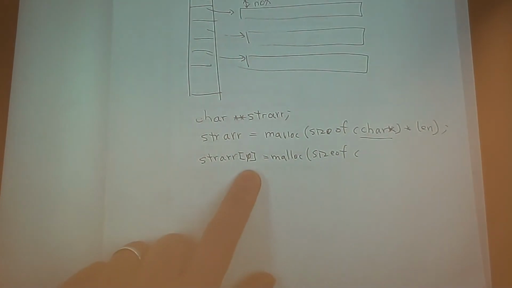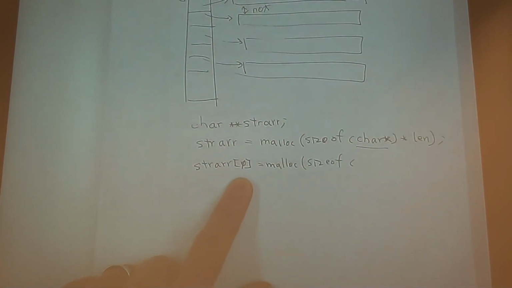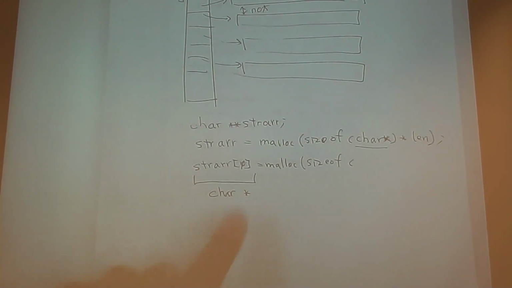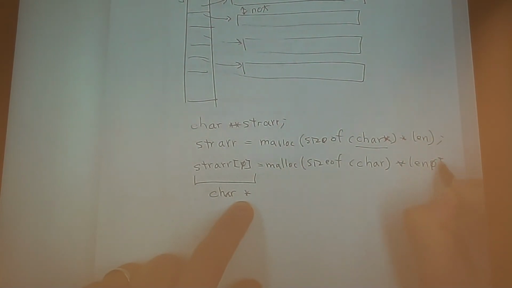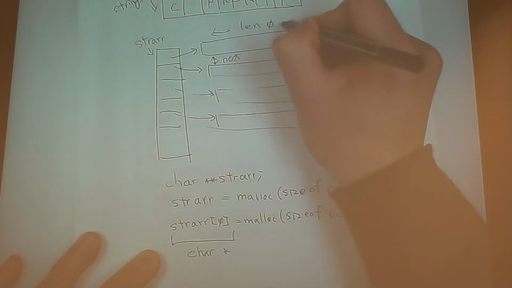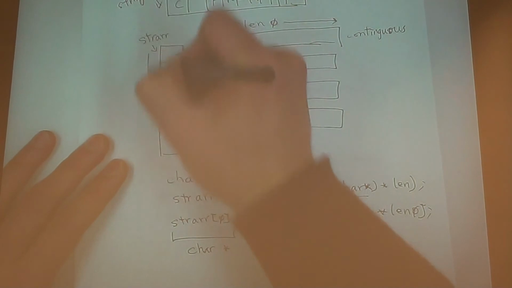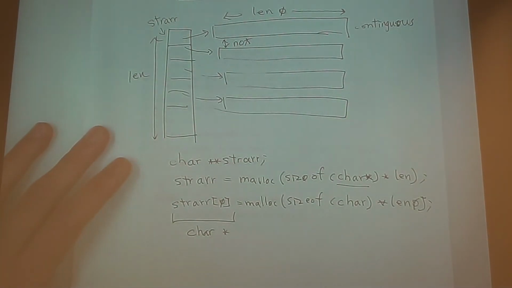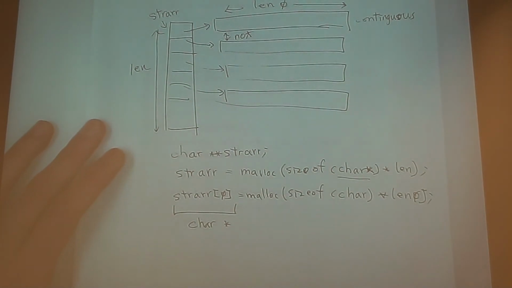Now, once you get one dimension, you remove one star. So this one is going to be character star, and once this one is character star, size of this one has no star. Let's say this is length 0, and this one will be length 1. Is there a star after the character in size of character?